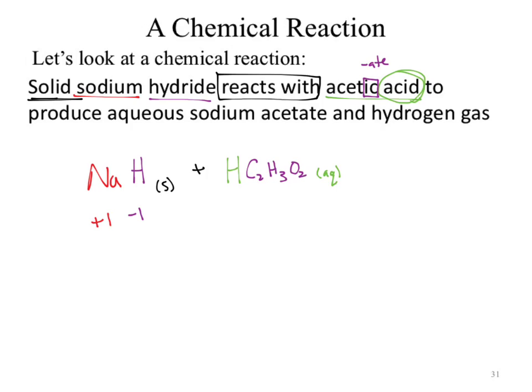C2H3O2. God, I wonder why I would know that. Because you're told to memorize that. If you haven't memorized that, you're going to have a bad time. What is the charge on acetate? -1. Charge on hydrogen? +1. Is that formula correct? Yes.